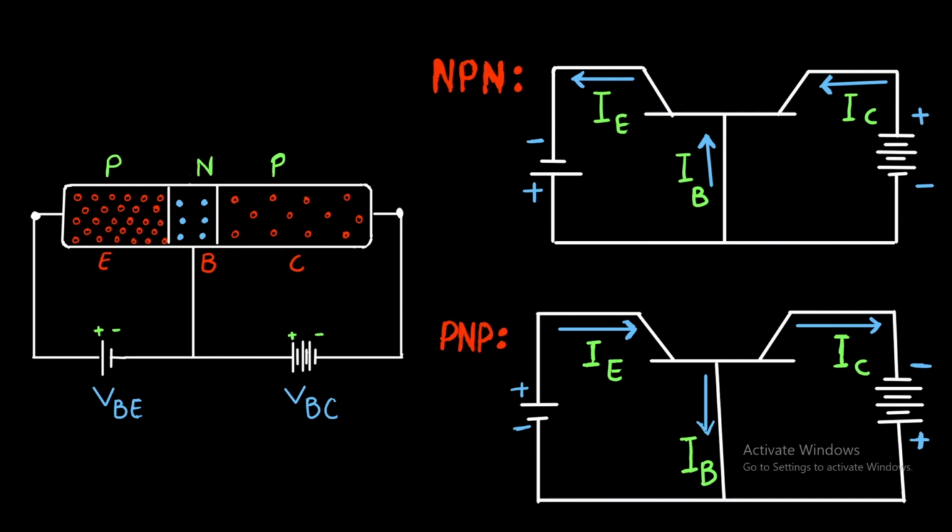And due to this arrangement, this transistor is used for amplification purposes, which we will discuss in the next lecture. It is also used for switching purposes, as in the computer we have the CPU, which is made up of millions of transistors.